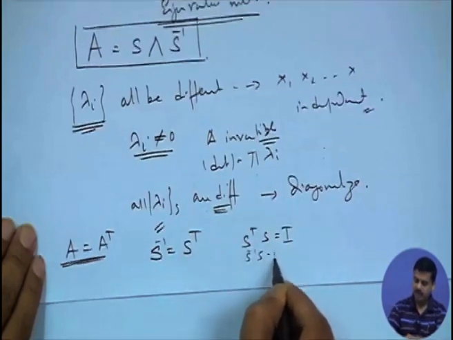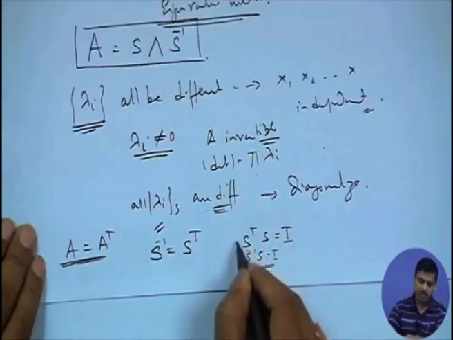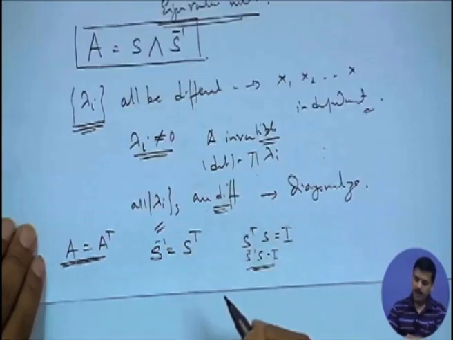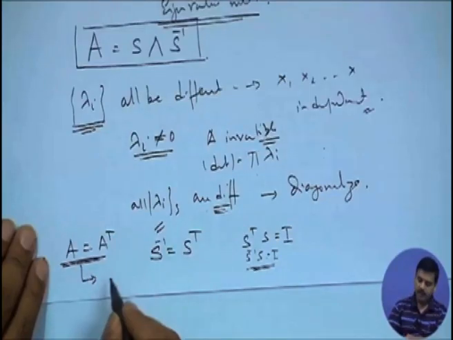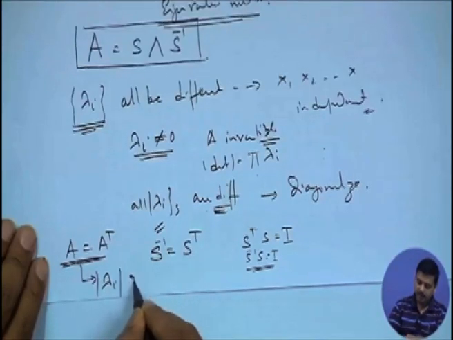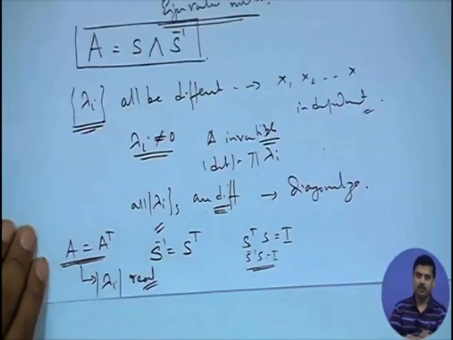So basically S inverse S is equal to I. This is a well known result. So this holds true. And for a symmetric matrix, the eigenvalues, the lambda i's, are real. This is again another useful outcome.